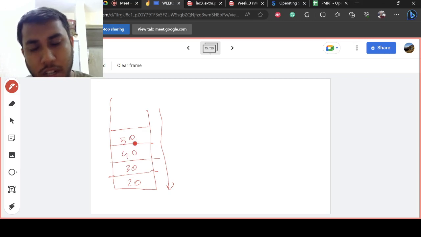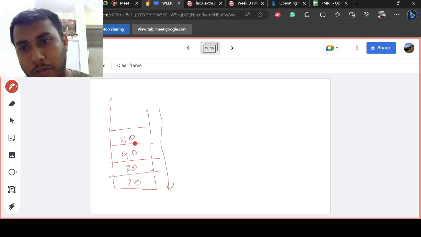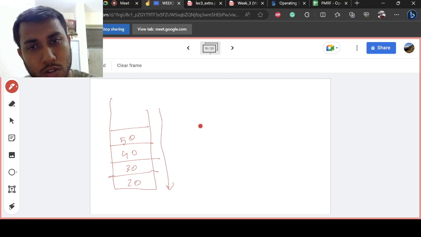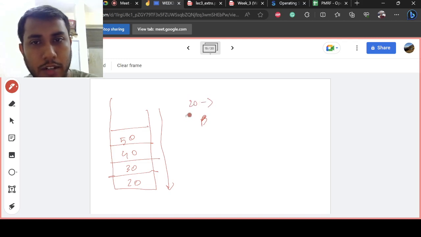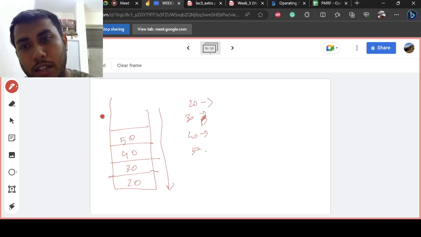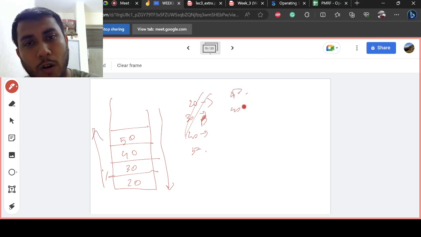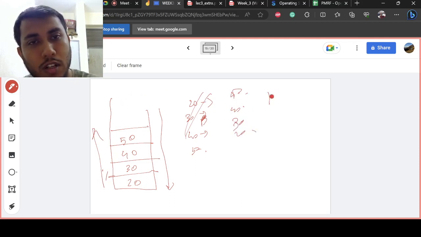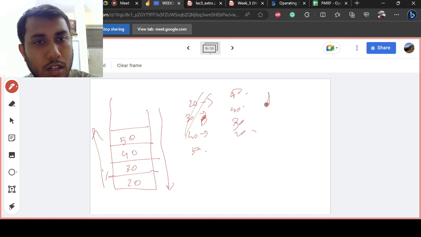Naturally, the first inserted would be printed first, so 20, then 30, then 40, then 50. But in a stack, you have to get the output from the top. So the first output will be 50, 40, 30 and 20. This concept is called LIFO, last in first out.